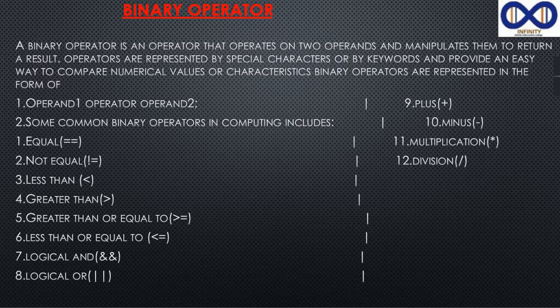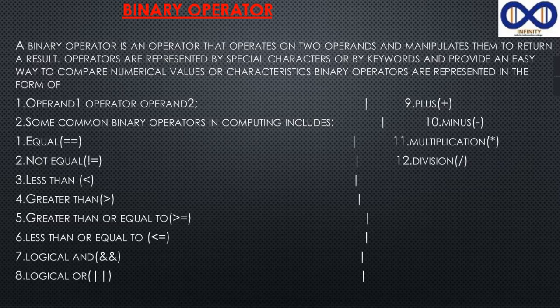The operators are represented by special characters or by keywords and provide an easy way to compare numerical values or characters. Binary operators are represented in the form: operand 1, operator, operand 2.